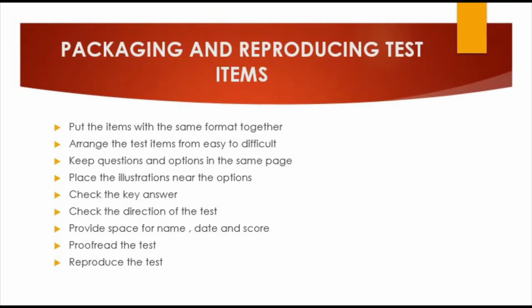So let's go back to packaging and reproducing test items. Assuming, class, that you have already assembled the test, written the instructional objectives, prepared the table of specifications, and written the test items that match the instructional objectives, the next thing to do is to package the test items and reproduce them, as discussed in the previous chapter. So before reproducing the test items, you need to check these things. Have you put the items with the same format together?